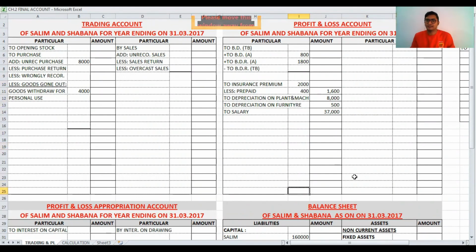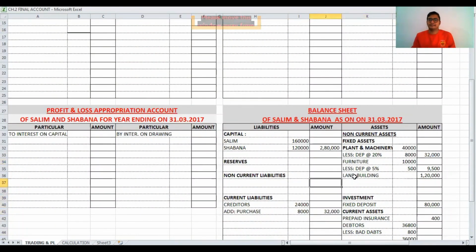Leasehold machinery in balance sheet asset side, leasehold machinery amounting to 60,000.